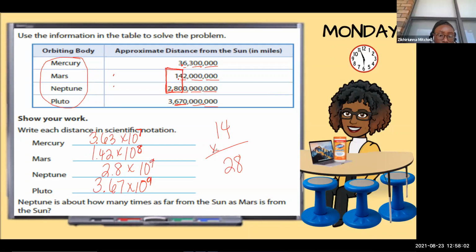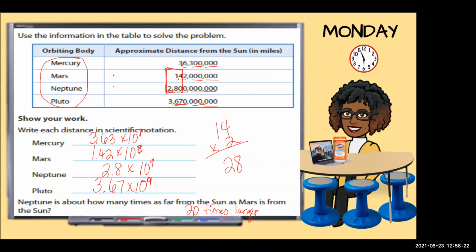Good job. And somebody said it had 1 extra 0, so that would make it about 20 times larger. It's 20 times farther than the sun.